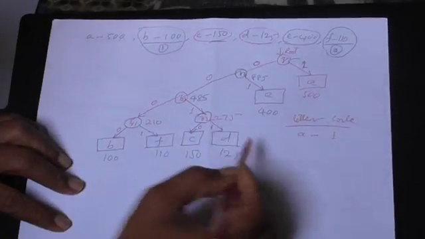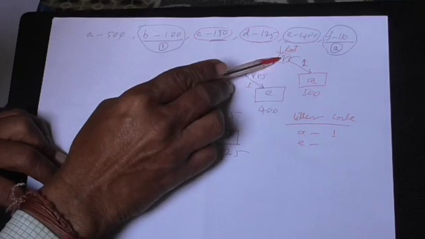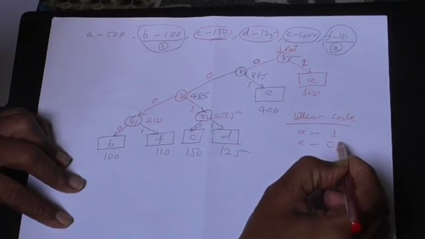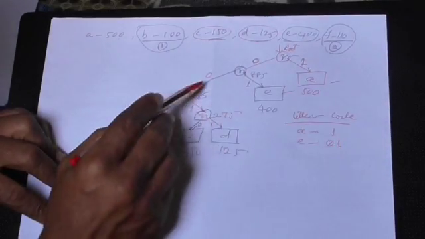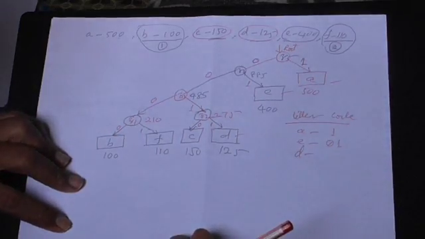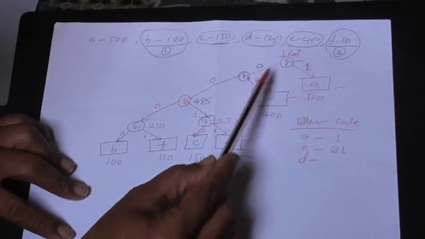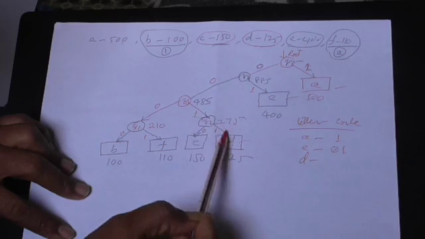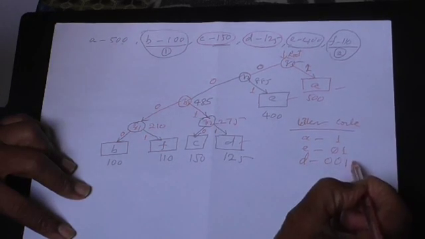If you take E, starting from the root, you have to go left and then right, so it is 0, 1. Now coming to D, if you take this D, you start again from the root: 0, 0, 1, 1.